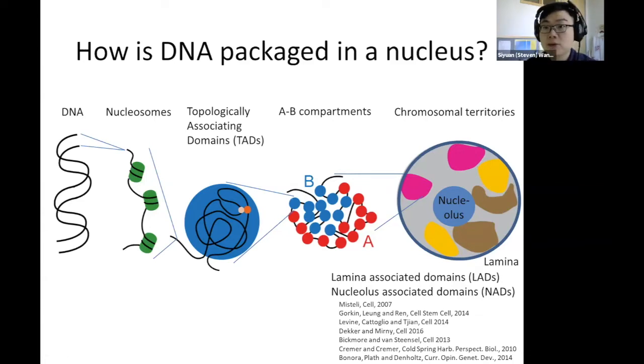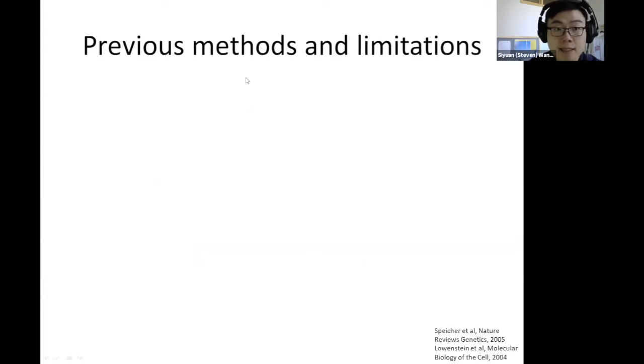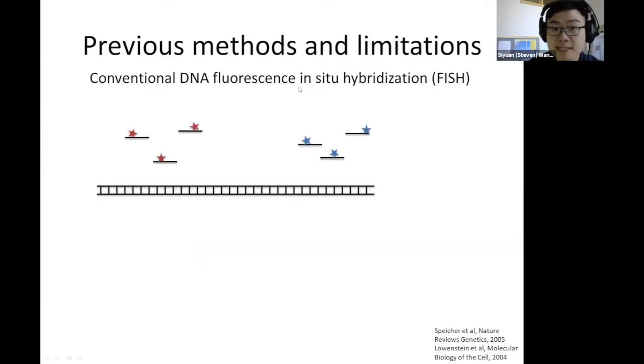However, despite all these beautiful advances, there are still a lot of unknowns in this field, largely due to technical limitations. There are two groups of techniques in this research: imaging-based techniques and sequencing-based techniques. Among the imaging-based techniques, I think FISH, or fluorescence in situ hybridization, is a very representative one.